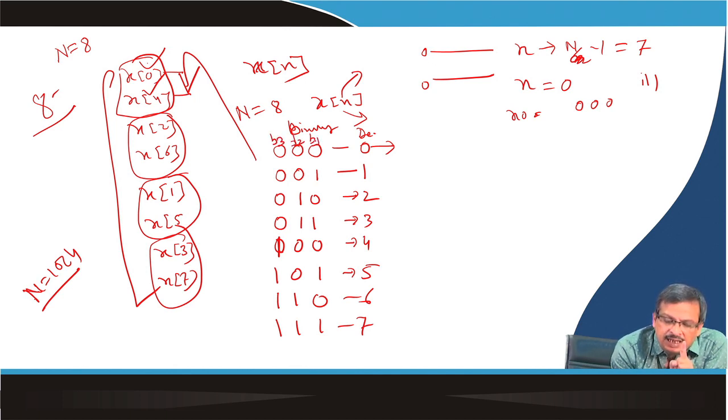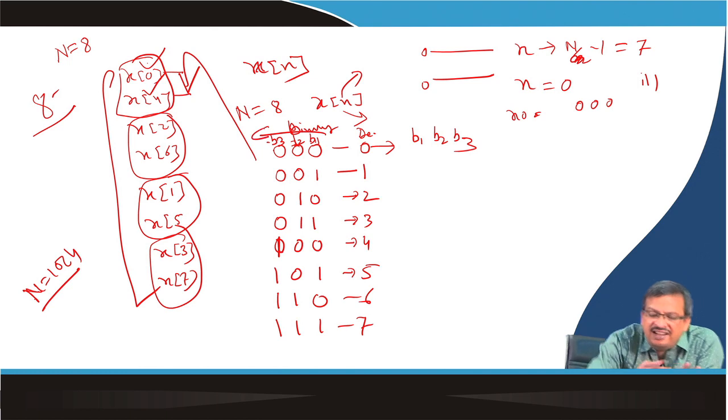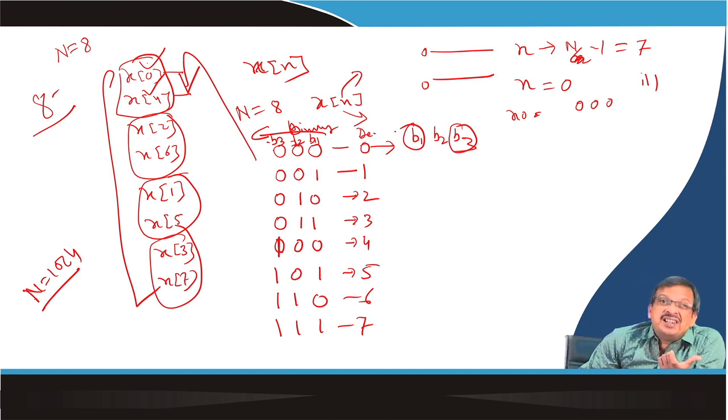This is the LSB, this is the MSB: B1, B2, B3 is from LSB to MSB. If I reverse B1, B2, B3, then B3 becomes the LSB and B1 becomes the MSB, which is called bit reverse.